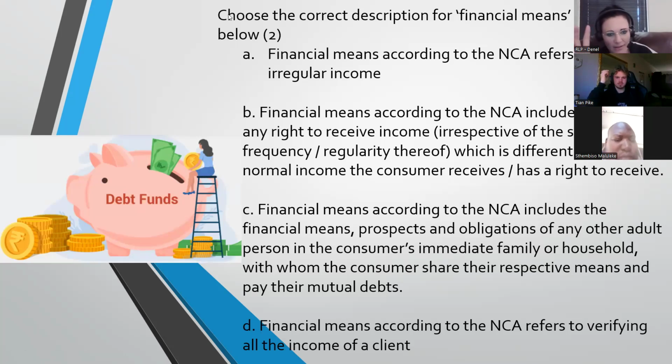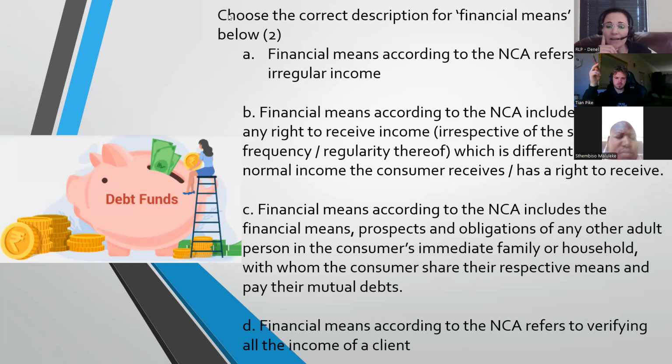You have to take a picture of this as well, otherwise the first one won't make sense. Okay, so hopefully the first thing you noticed was that there was a 2 in brackets. And that 2 refers to more than one answer being correct. You have to pick 2 answers. So option A says financial means according to the National Credit Act refers to excluding irregular income.